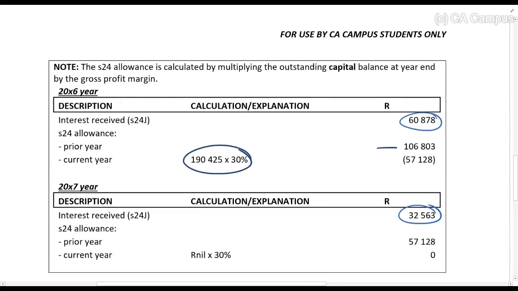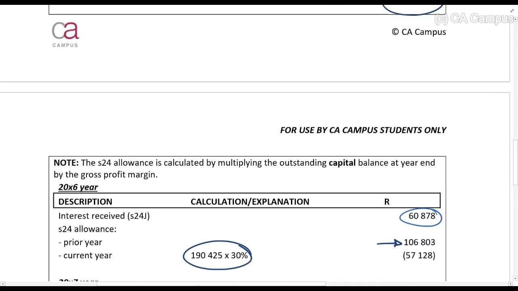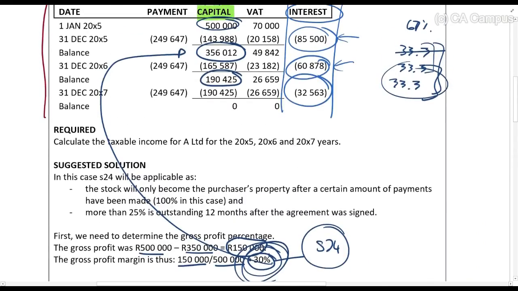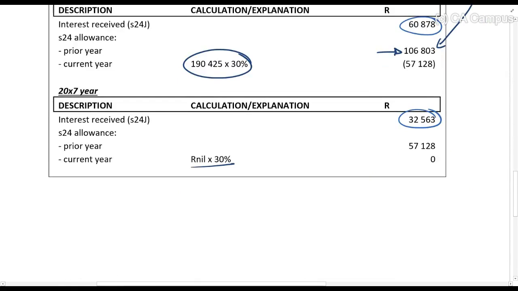And make sure you see the prior year amount is added back. Then in the final year, there's nothing outstanding, so section 24 will no longer be applicable, and there's the amount from the prior year added back. And that is how section 24 works.